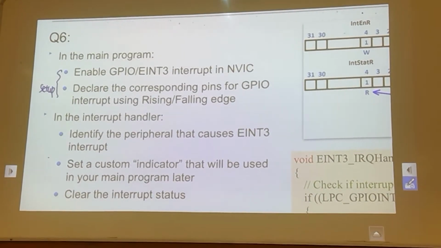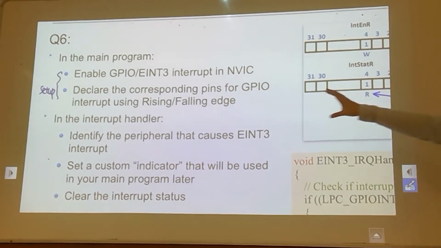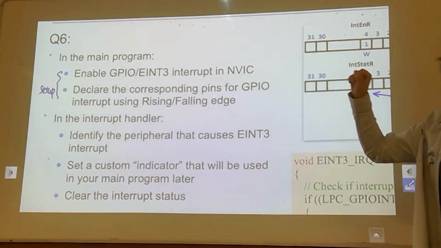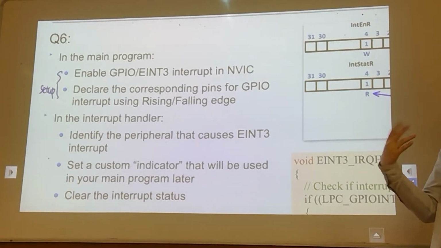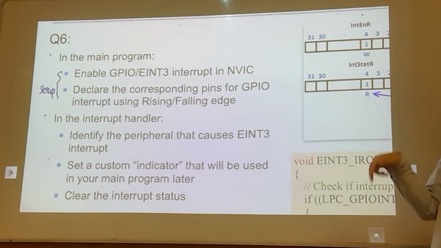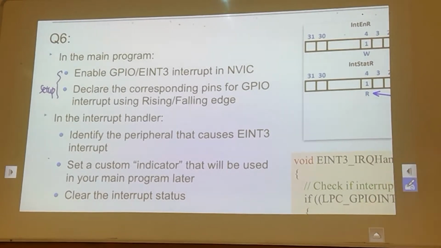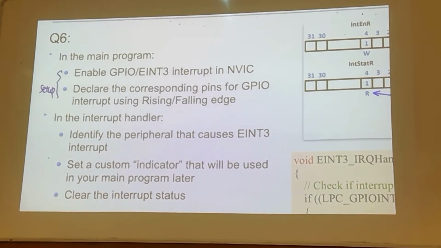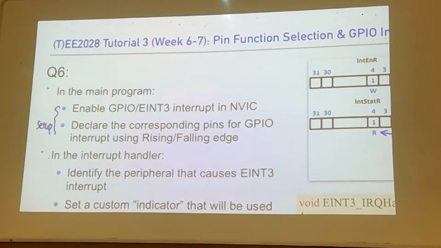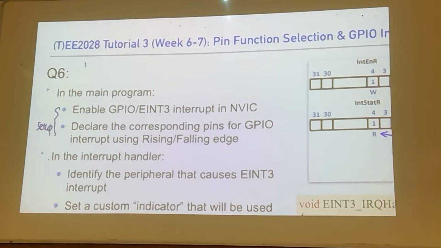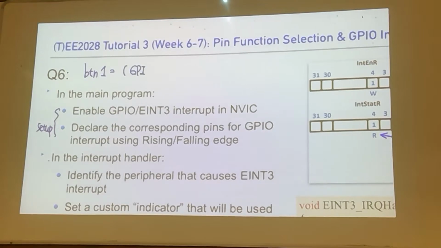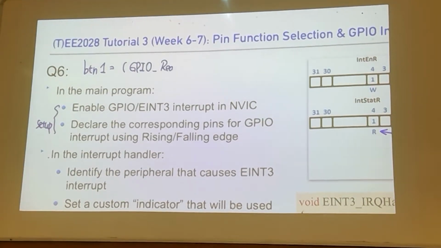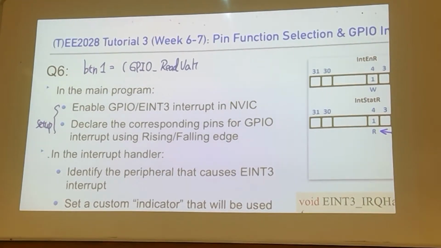And once you set it up, if you did this correctly, we don't need to write any code to sense your SW3, your push buttons. For those who have done your lab, remember in the lab how we sense the push button? We do btn1 equals GPIO read value.